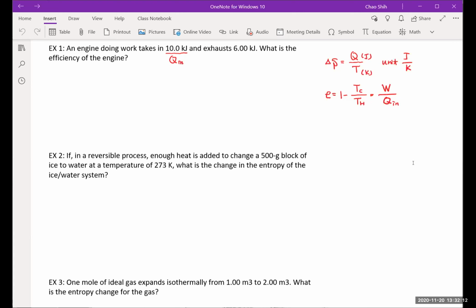So this is your work that actually provide to you, and that's the heat actually generate into the house. Then you find the efficiency that will be the ratio of these two, and that will give you the efficiency of this system. So as this one is pretty simple that you can actually just take the ratio between these two values.